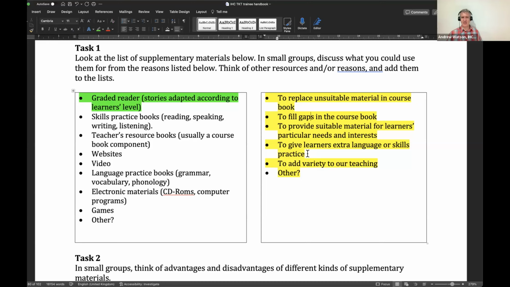Yeah, that's more likely. To give them extra skills practice, in this case reading extensively, right? Reading for pleasure, so that they can develop their reading fluency and maybe in the process acquire new vocabulary.